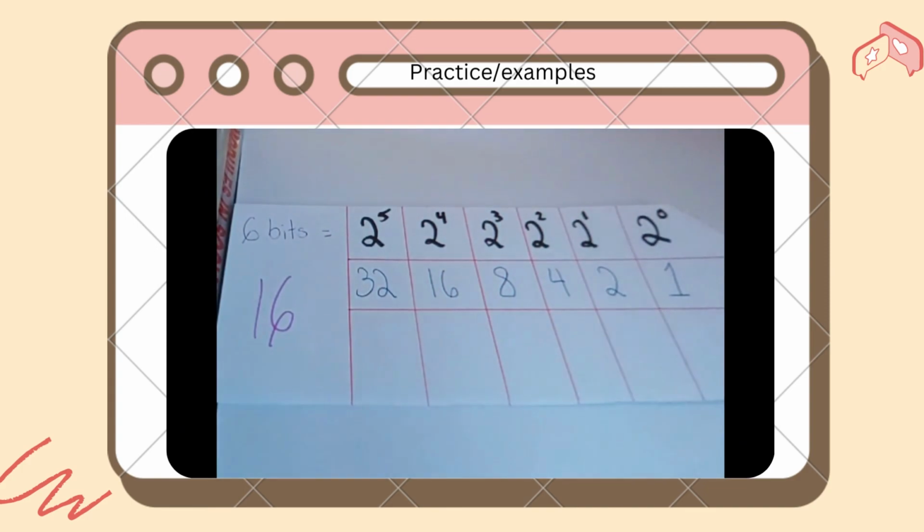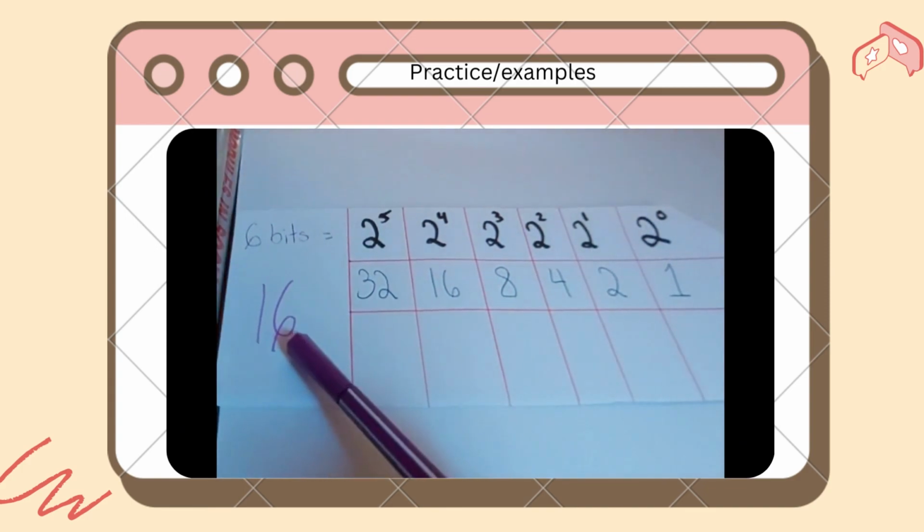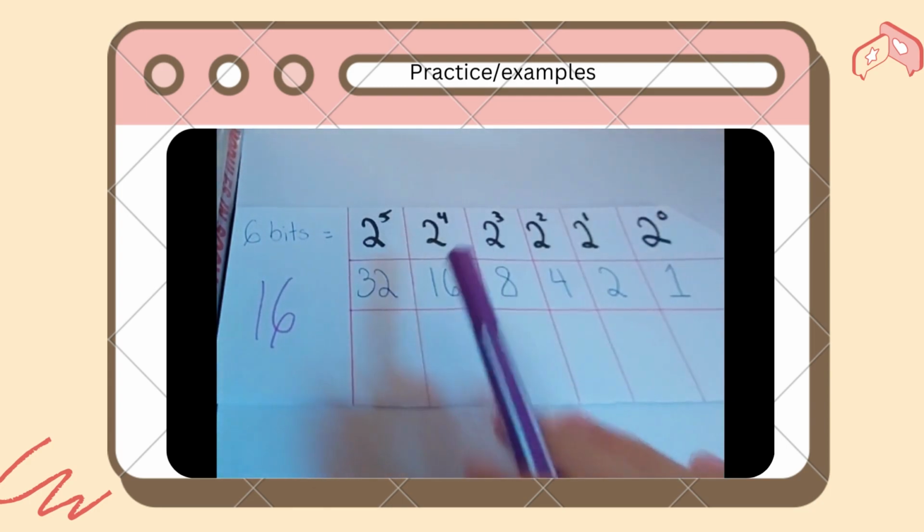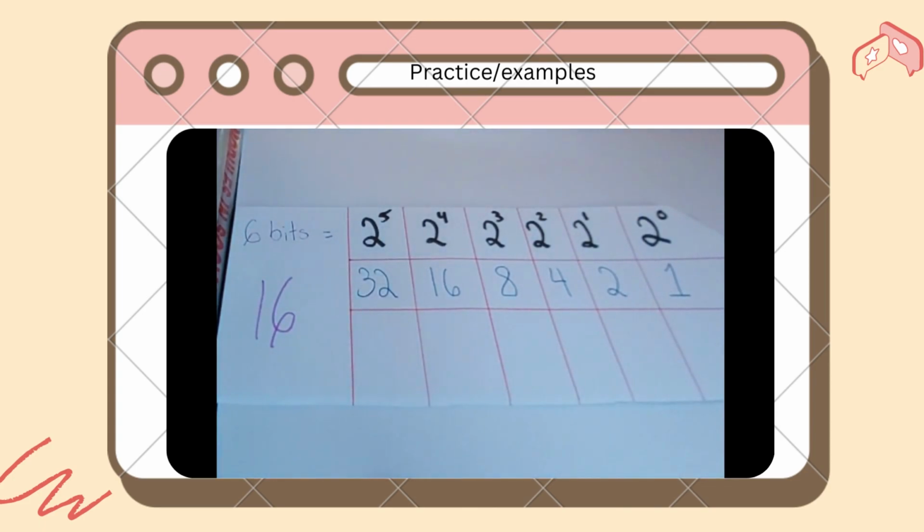The second number that we will be converting is 16. As I explained earlier, we will be using 6 bits, and the reason for this is because we have 6 columns. First, we look at the table and see if there is a 16 in it. Here, unlike the previous example with the 10, there is a 16 in there. So we don't have to add any other numbers to get 16.